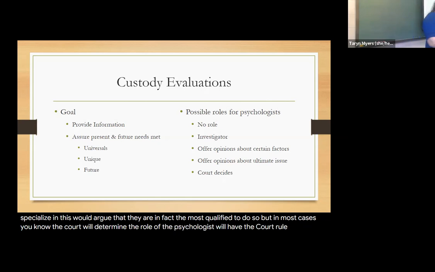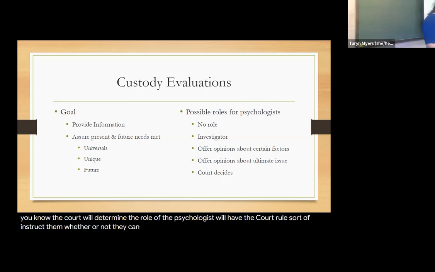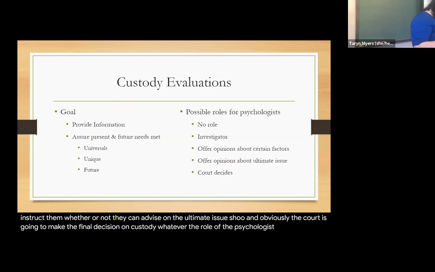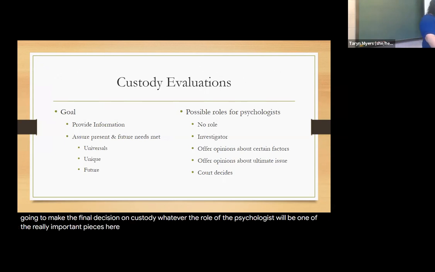The court will instruct them whether or not they can advise on the ultimate issue. And obviously the court is going to make the final decision on custody, whatever the role of the psychologist will be.